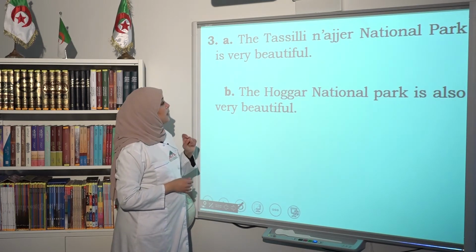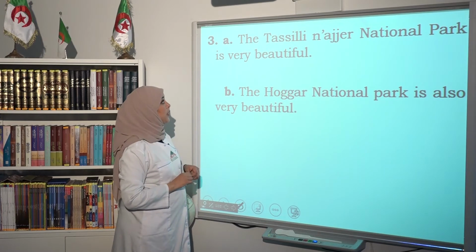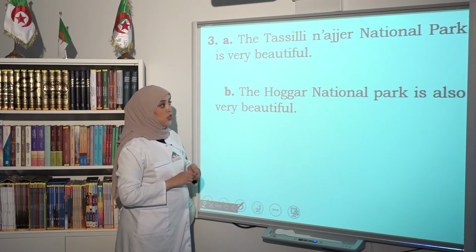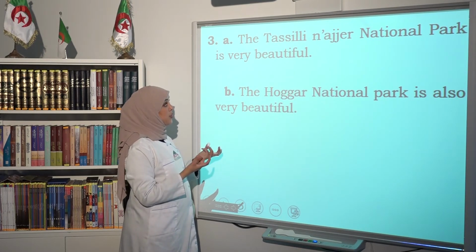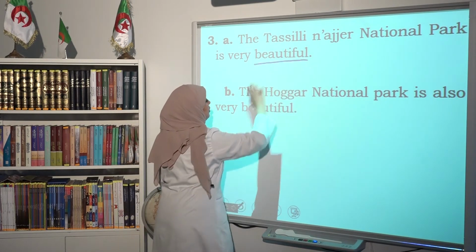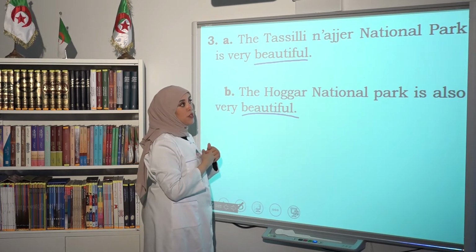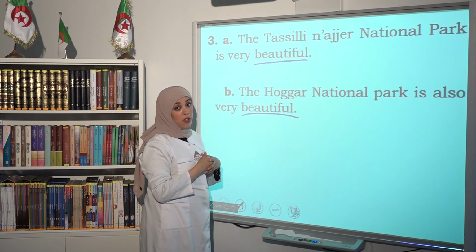Okay, another one. The Tassili National Park is very beautiful. The Hoggar National Park is also very beautiful. Where is my adjective here? Beautiful, of course. So both of them are beautiful. I'm going to use comparative of equality.